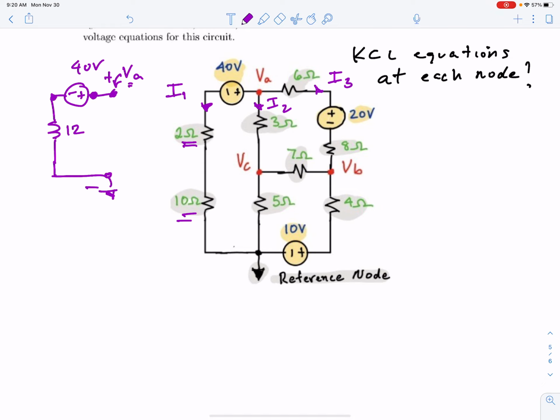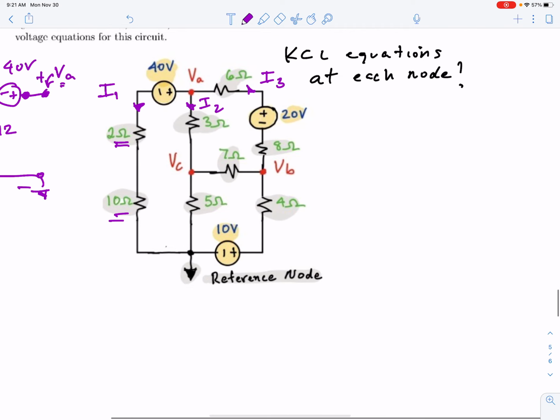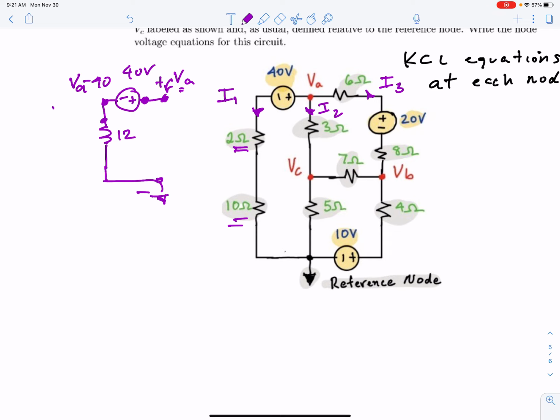On the other side, because it's plus to minus, this would be VA minus 40. Remember, it's a lot like elevations. If you have a drop in elevation, you just subtract that off relative to where you are before the drop. So the dot on the top of the resistor is VA minus 40.